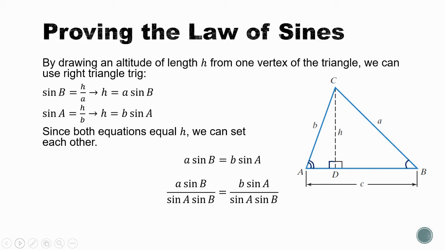So if we divide both sides by the sine of A times the sine of B, notice that on the left there's a sine of B in both the top and the bottom. Because that's all multiplication, that would reduce. Same thing on the other side: there's a sine of A in both the top and the bottom, so that would reduce. And notice that a over the sine of A equals b over the sine of B.